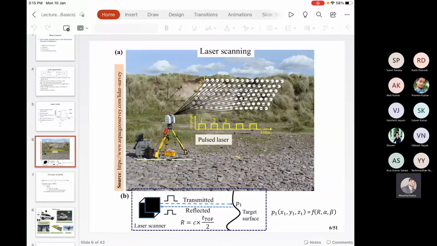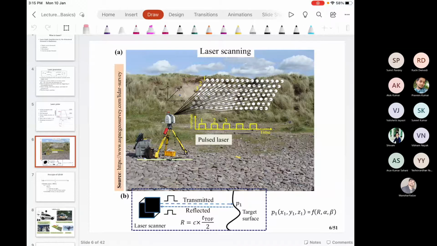So the laser beams are of two types. The first one is the pulse laser, as you have seen over here.